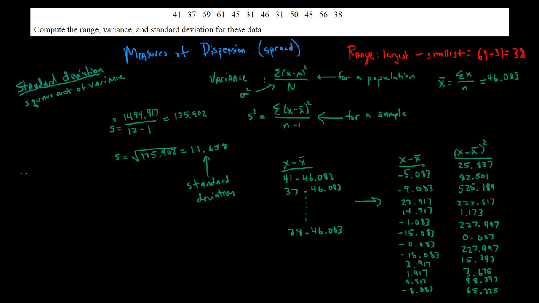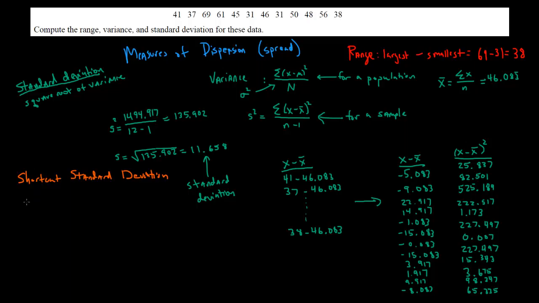So the shortcut standard deviation. Now we're talking about a sample here, so you'll have to consult your book to see how the formula changes for population.